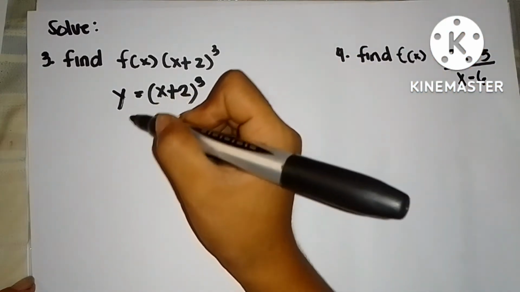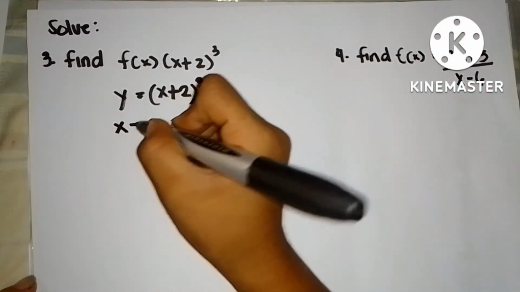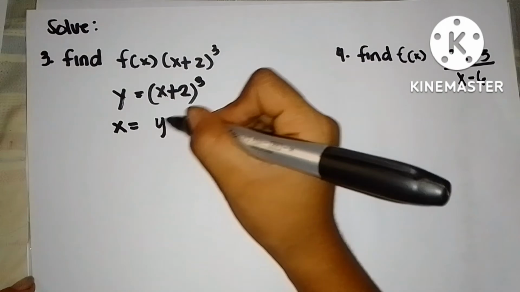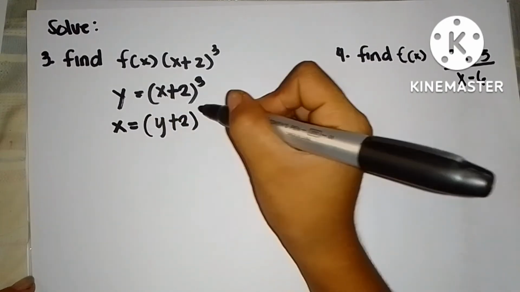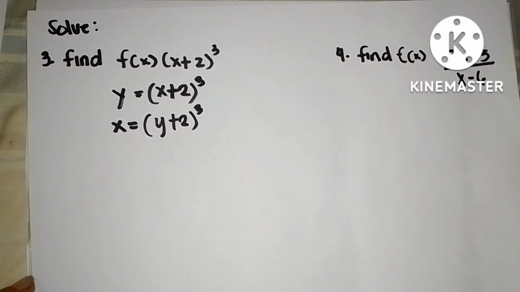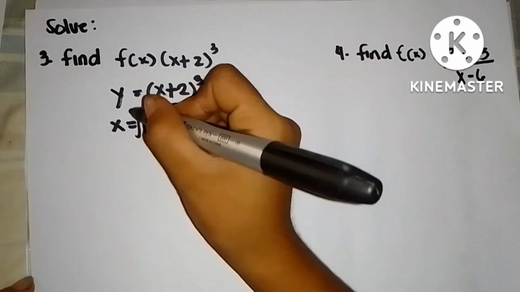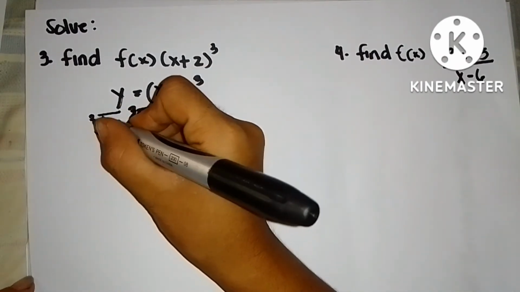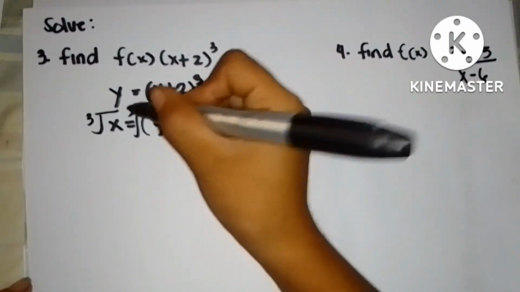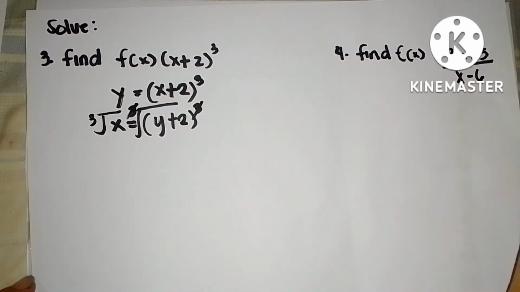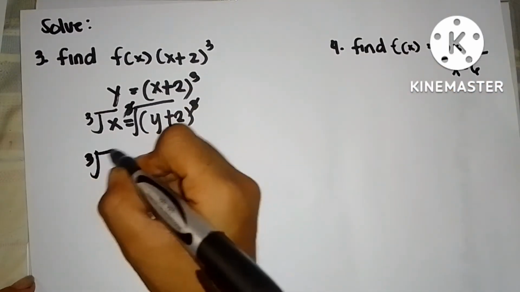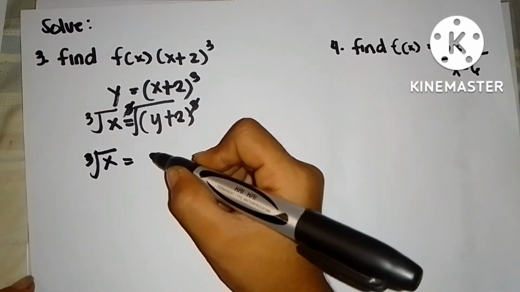It means our y will become x and the x will become y, cubed. Then after that, we need to find the cube root of both sides. So we have cube and cube root. So cancel out the cube, and the left will be the cube root of x equals y plus 2.